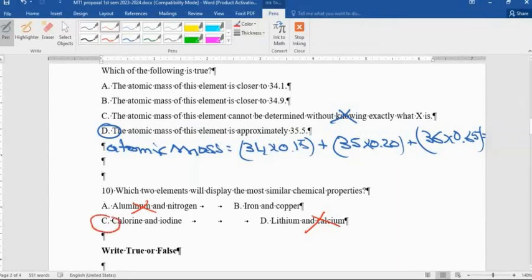So this one is my correct answer. So simple. How about iron and copper? They are transition metal elements. I will find them in the middle of the periodic table, but they will not belong to the same group in my periodic table. So it's easy to find.